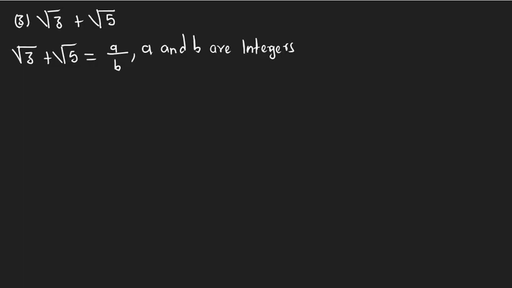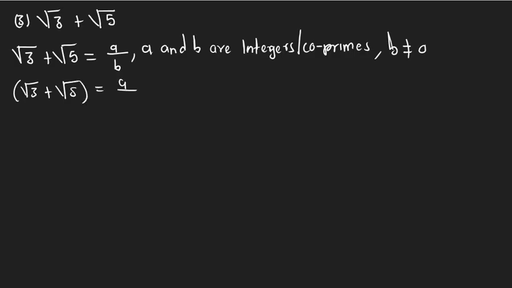Root of 3 plus root of 5 is equal to a over b, where a and b are integers or coprimes, and b should never equal 0, because if b is equal to 0, it becomes undefined. So after reaching here, I can say that root of 3 plus root of 5 is going to equal a over b.